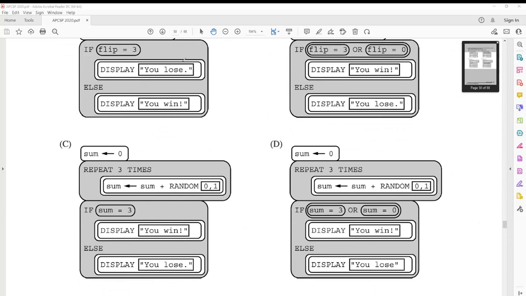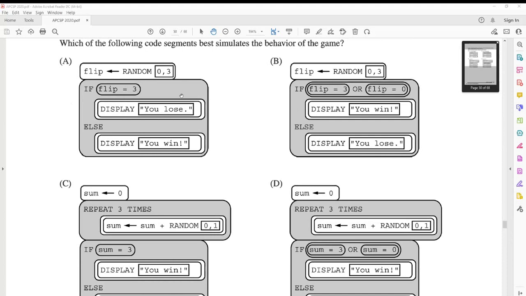This one flips a random number 1 to 3, but the possibility of each would be 25%. That's wrong. When you toss coins, you should have the Pascal triangle, so the possibility should be 1, 3, 3, 1. So it's better to take the sum of random numbers of 0 and 1.